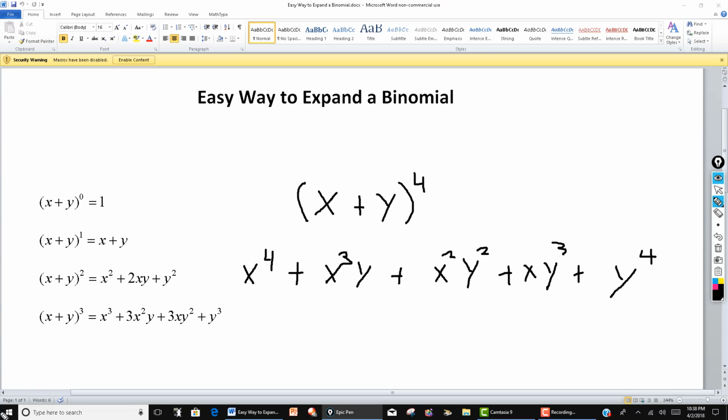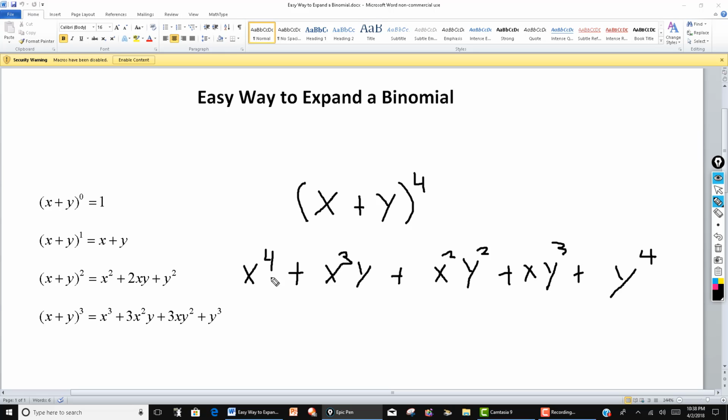So the only thing that's missing is the coefficients. So I'm going to do this. Follow me here, and then I'll explain it to you. I'm going to say 4 times 1 is multiplying the exponent times its coefficient. So 4 times 1 is 4. Divide by the position in that term.